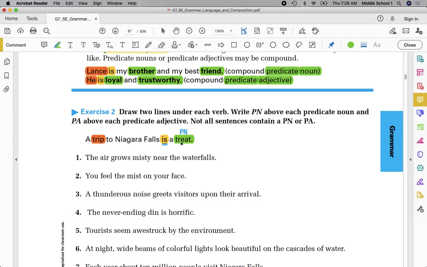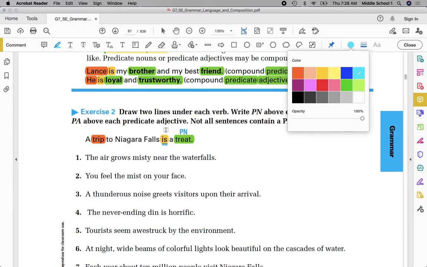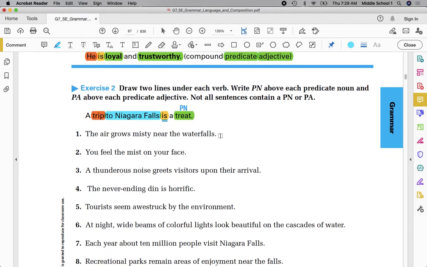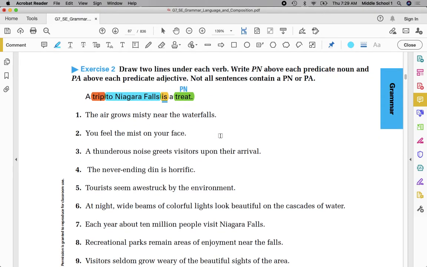Now ask yourself, is this a noun or is this an adjective? Is it a treat trip or is this renaming? Well, this is a noun, so that's a predicate noun. So I want to be able to color or label these items. I also notice in the sentence I do have a prepositional phrase. Subject, prepositional phrase, linking verb, LV, PN, predicate noun. That's what we want to be doing for each of these sentences.